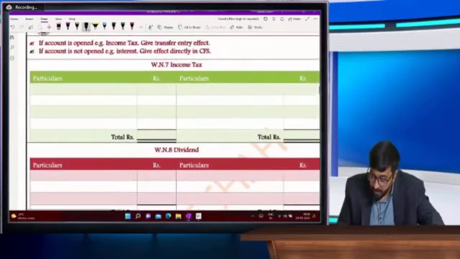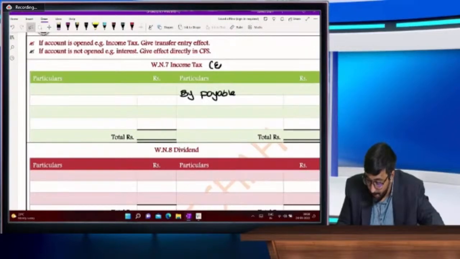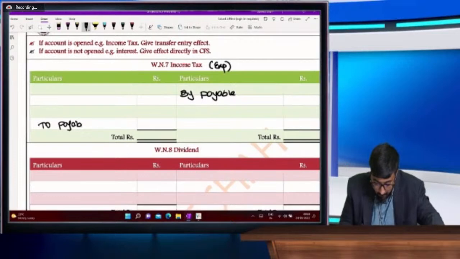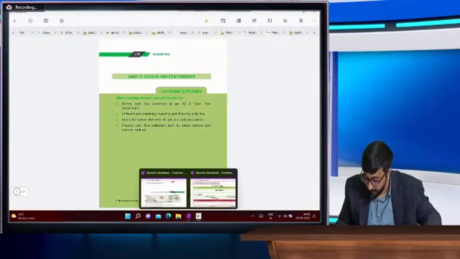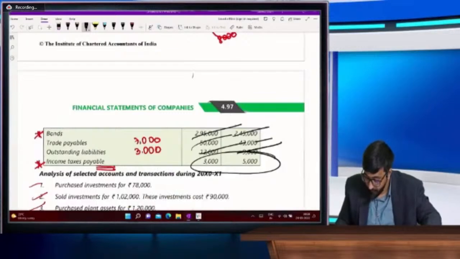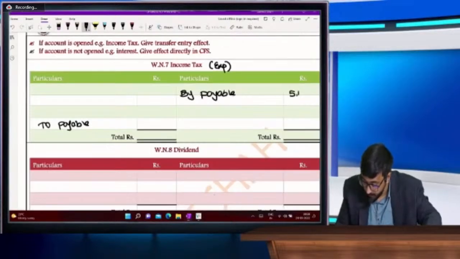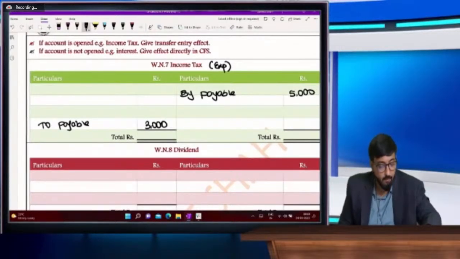So income tax pro forma by payable, it's an expenditure, and to payable, 5,000 and 3,000. Balance sheet posting over.